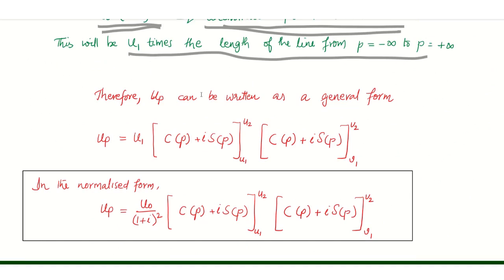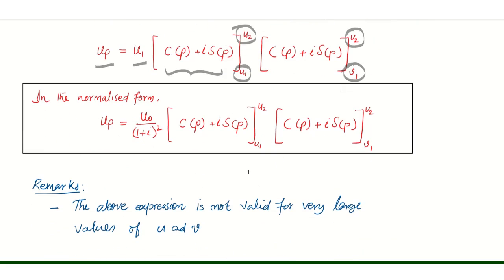Therefore, UP can be written in a general form: U1 is your intensity, that is CP plus iSP, with the real limits U1 to U2 and V1 to V2, instead of minus infinity to infinity. Or in the normalized form, if you substitute for U1, that is U0 over (1 plus i) all squared times this one.